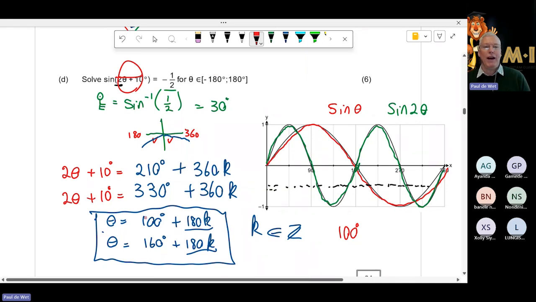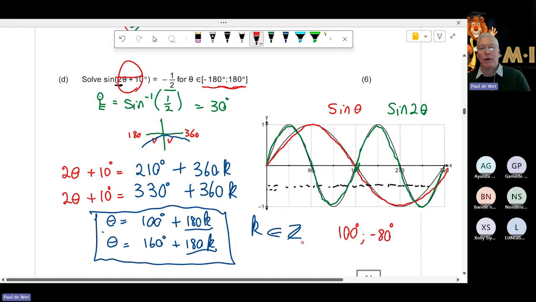If I add 180, I get 280. I can't carry on there. If I subtract 180, in other words, if k is minus 1, I'm going to get minus 80. If I subtract another 180, I'm going to get minus 260. Minus 260 is an answer, but it's not an answer in here.